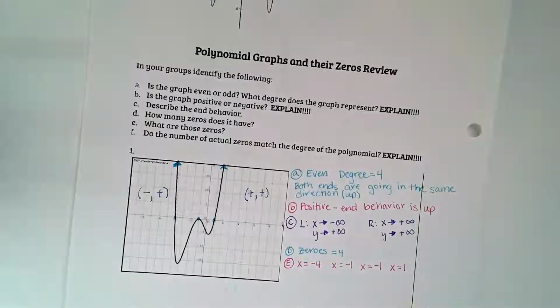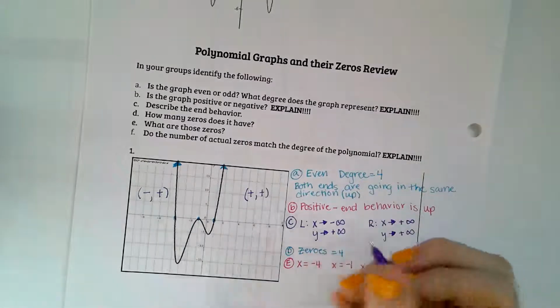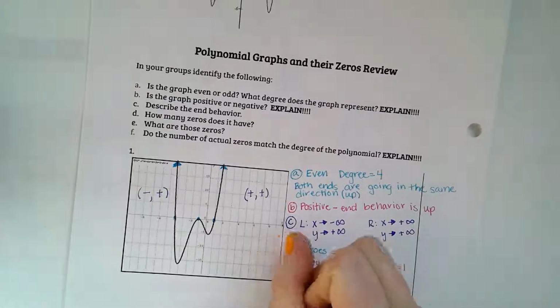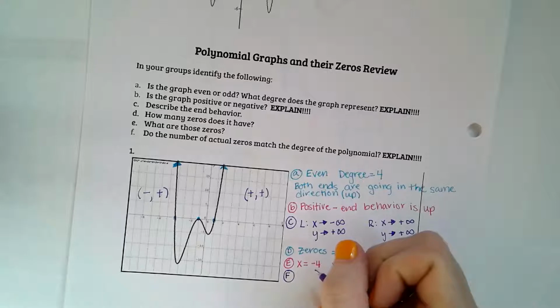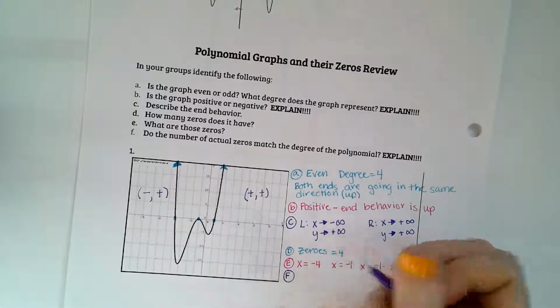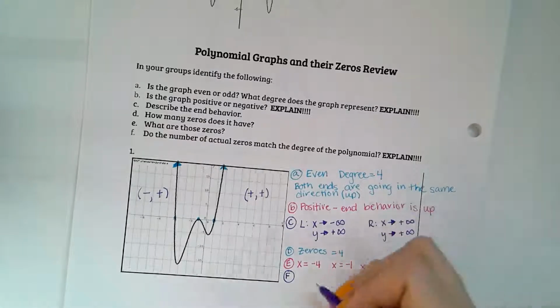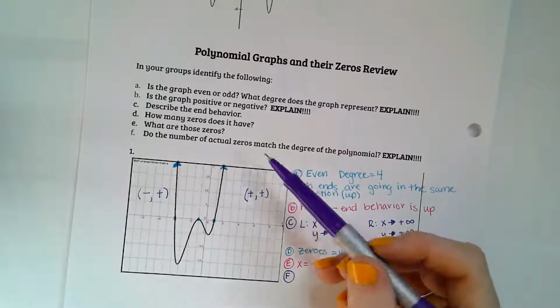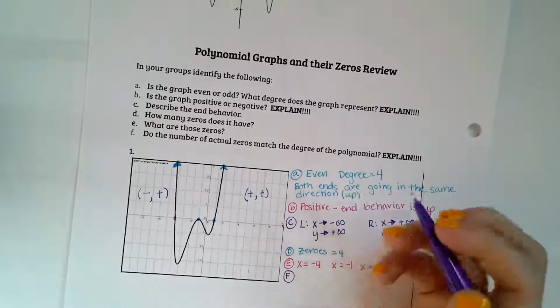And then last, do the number of actual zeros match the degree of the polynomial?